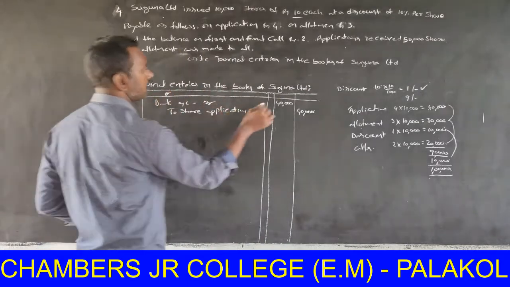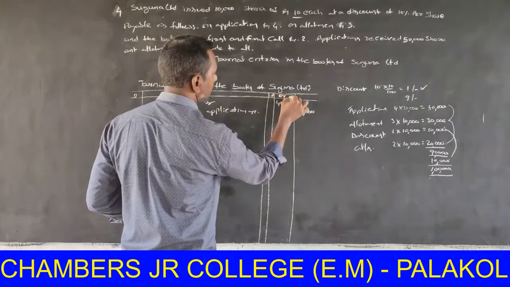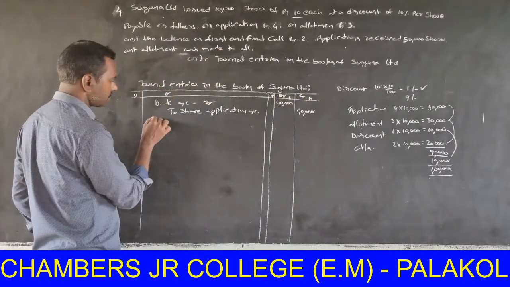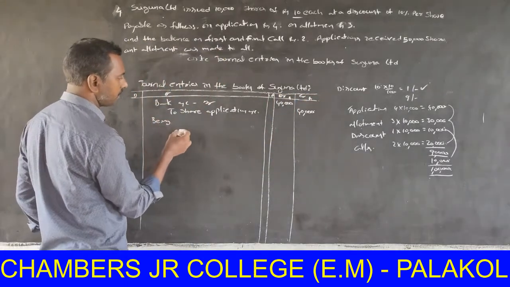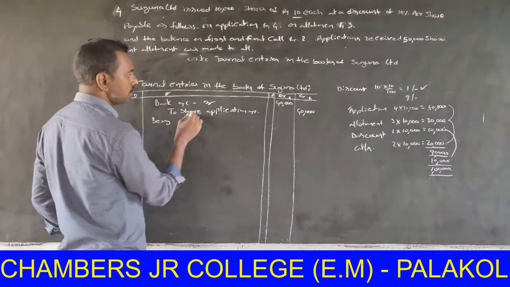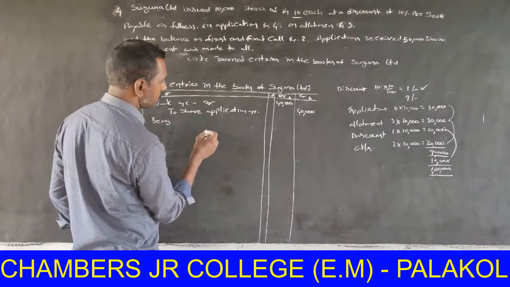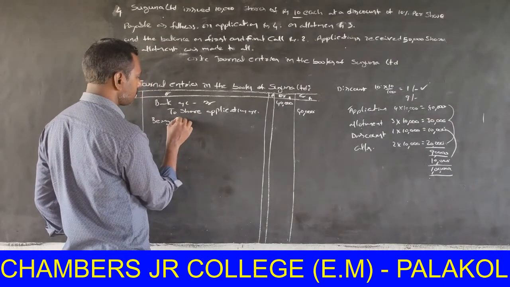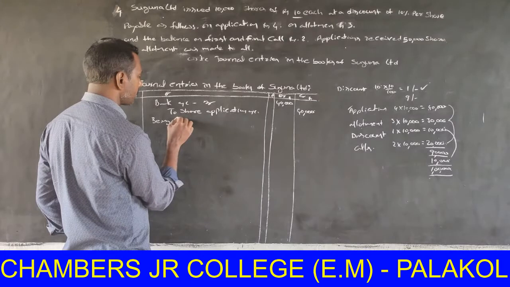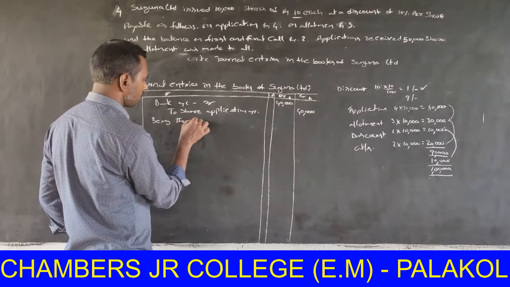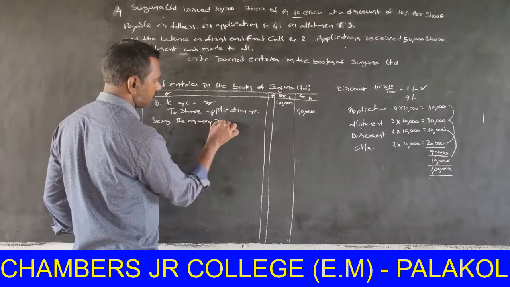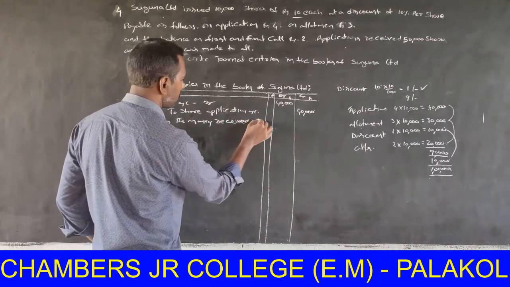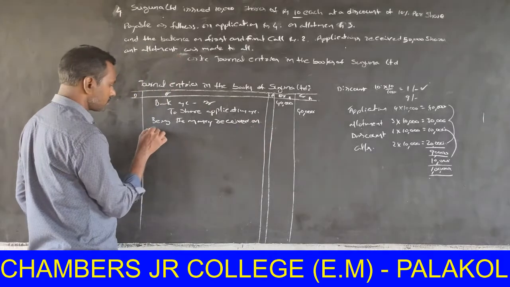Here date, particulars, LF, debit rupees, credit rupees. Being share application amount, being the money received on application.